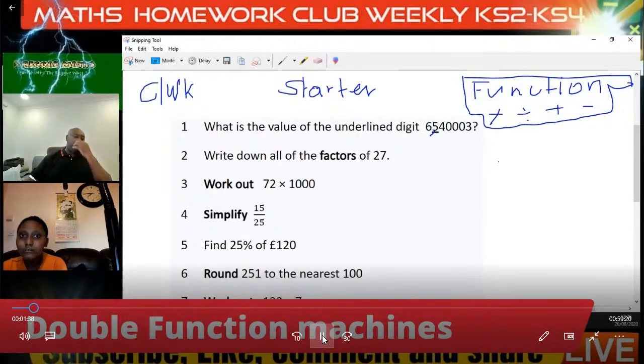When you have a number with 7 digits, it's millions. So it's 6,540,003.